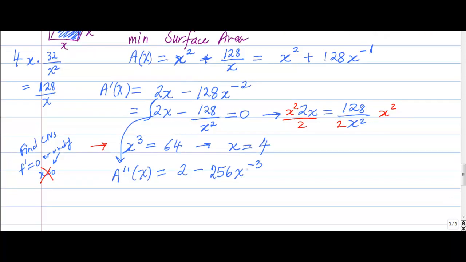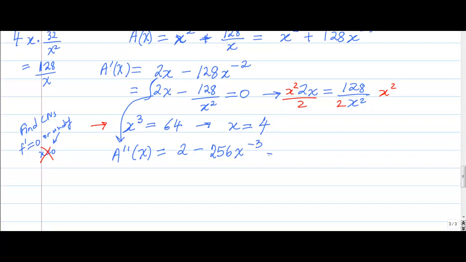But once I plug 4 into here, this is 2 minus 256 over x cubed. Once you plug 4 into here, which was our critical number, we get 2 minus 256 over 64, which is going to be a negative number. That's concave down.